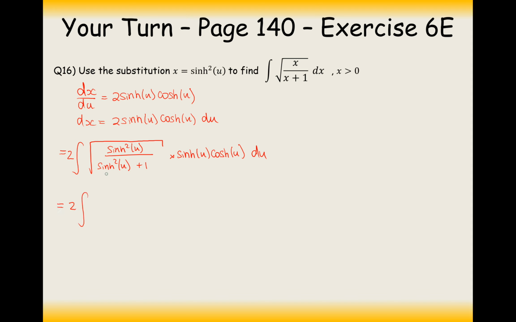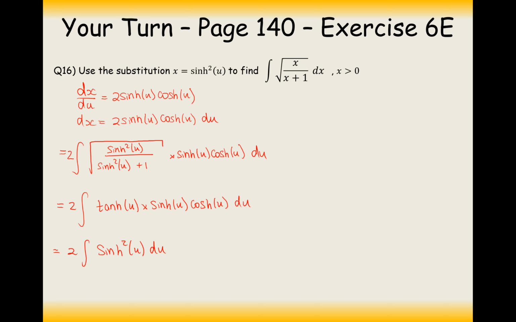If we've got sinh squared over, this will be cosh squared, so it's sinh squared over cosh squared, which is tanh squared, so it's going to be tanh here. Then it's just going to multiply by sinh u and cosh u. Now remember, tanh is sinh over cosh, so I'm going to cancel out the cosh here and inside the tanh to leave us just with 2 sinh squared u du.